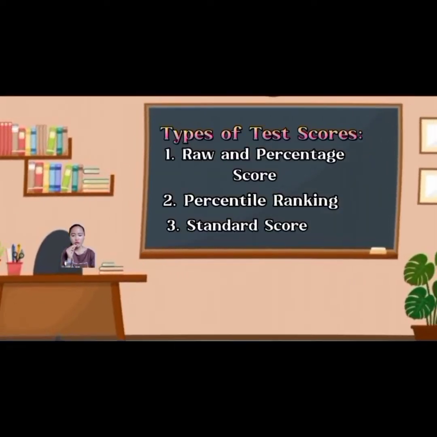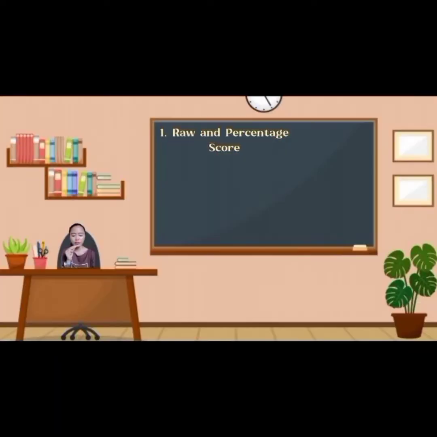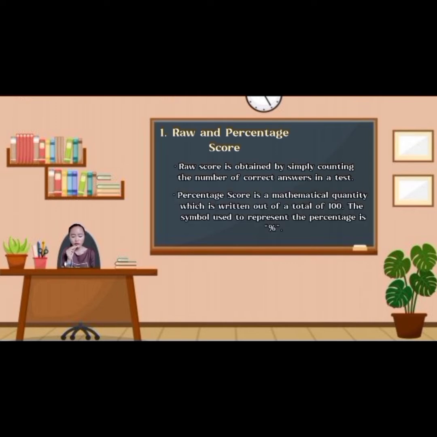Types of test scores. First is the raw and percentage score. Raw score is obtained by simply counting the number of correct answers in a test. Percentage score is a mathematical quantity which is written out of a total of 100.